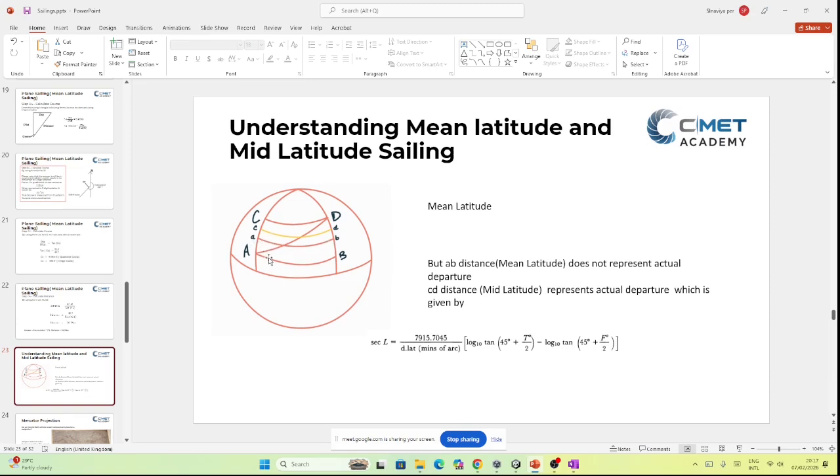But as you all know, the AB distance does not represent the actual east-west distance, which we call departure. The simple A and B mean latitude does not represent the actual departure.